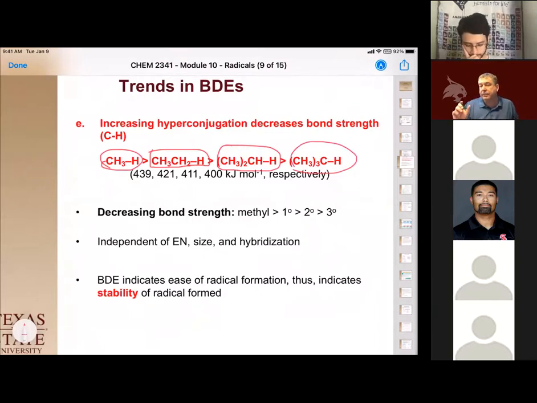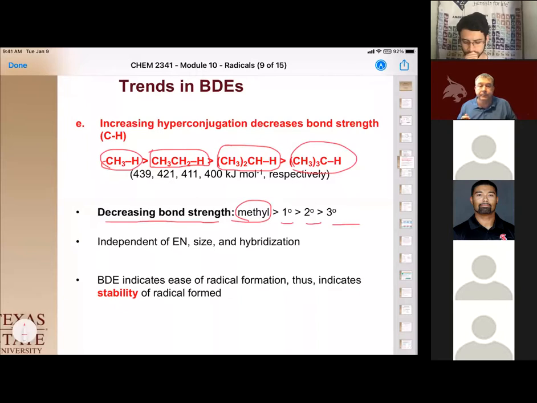Notice it's not a big difference. Yeah, the more S character, the more acidic. Yeah, that is true. So that means that our decreasing bond strength is our methyl is stronger than our primary, secondary, and tertiary. And that's independent of electronegativity, size, and hybridization.